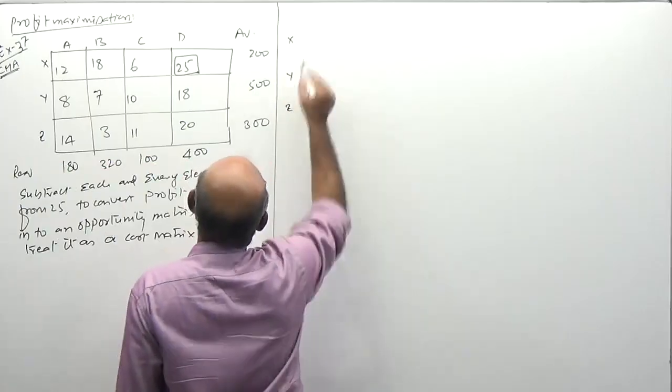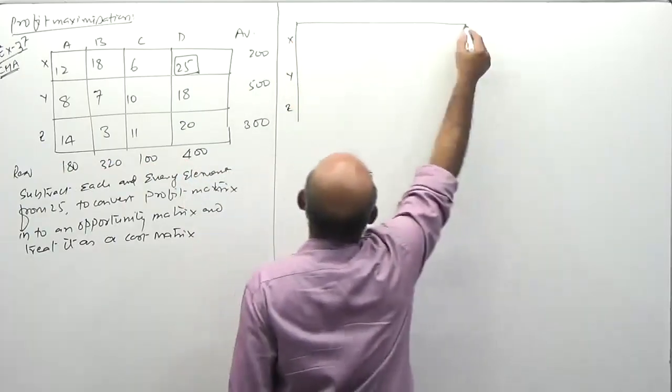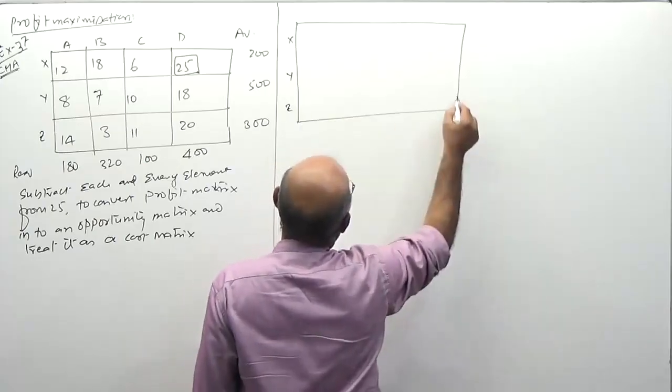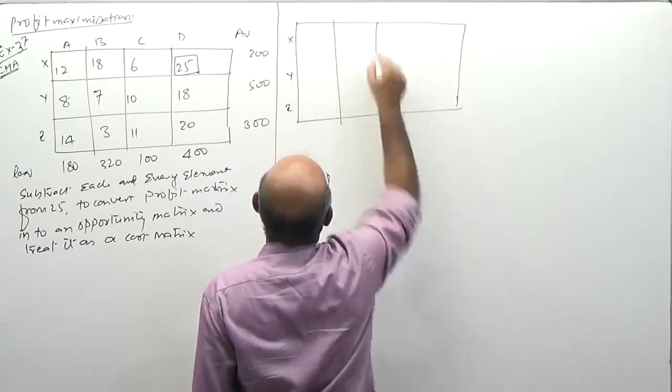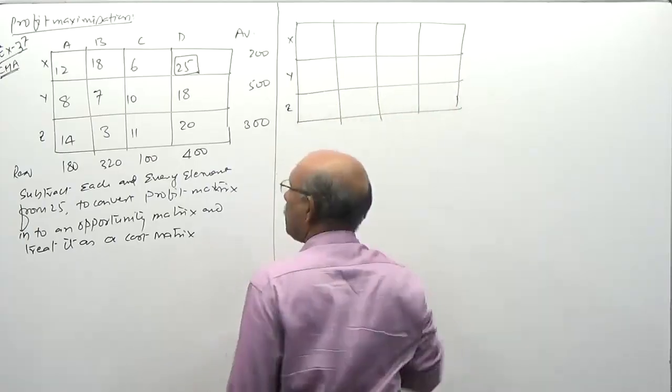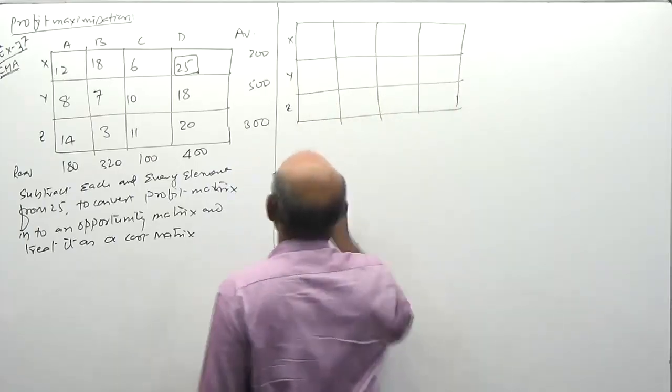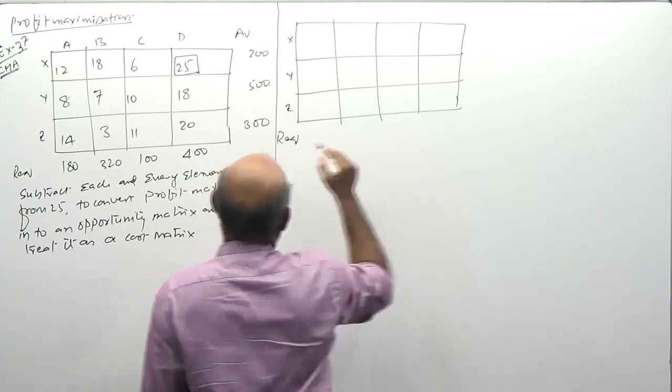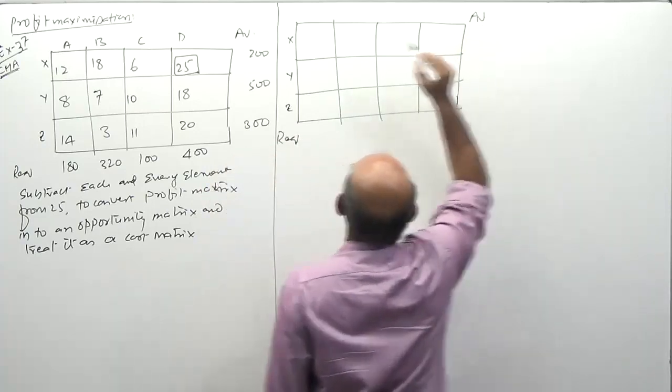So 3 warehouses, 4 markets, requirement, availability.